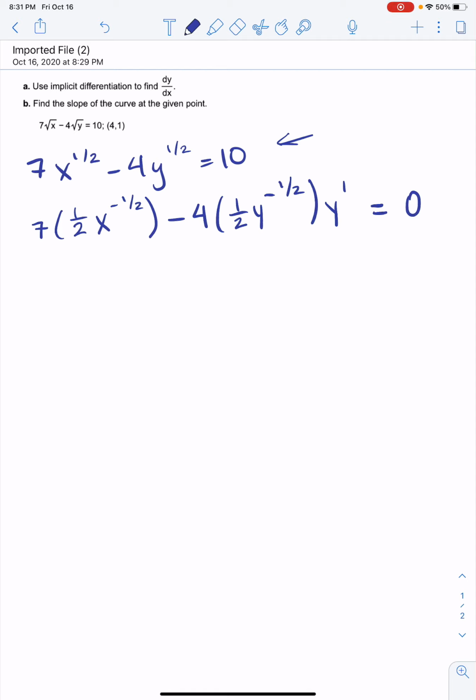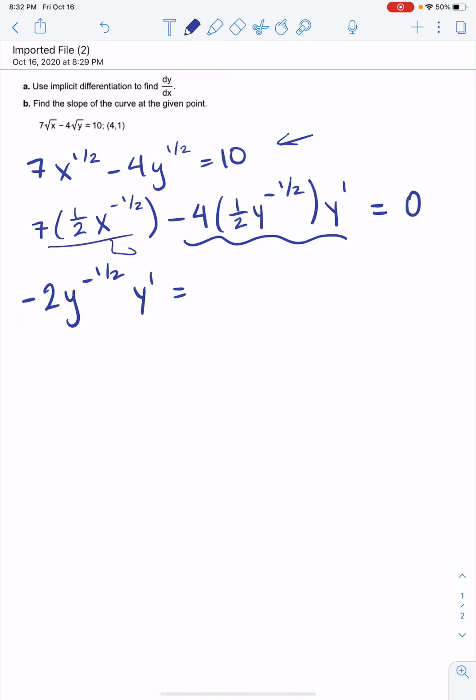Now what we want to do is get all the y prime terms on the left and all the not y prime terms on the right. So we can leave this term here on the left. And we get 4 divided by 1/2 is 2 y to the minus 1/2, and that had a minus sign, and a y prime. And equals, we're going to move this other one over to the other side.